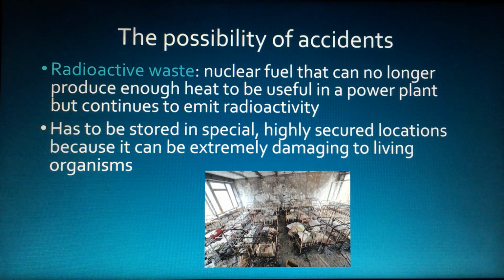Radioactive waste specifically is nuclear fuel that can no longer produce enough heat to be useful in a power plant but continues to emit radioactivity. This means it has to be stored in special, highly secured locations because it can be extremely damaging to living organisms.